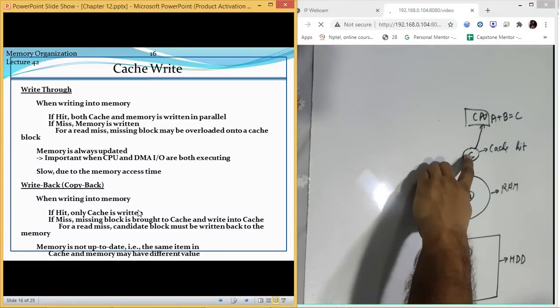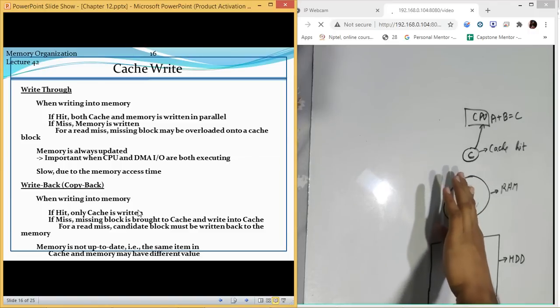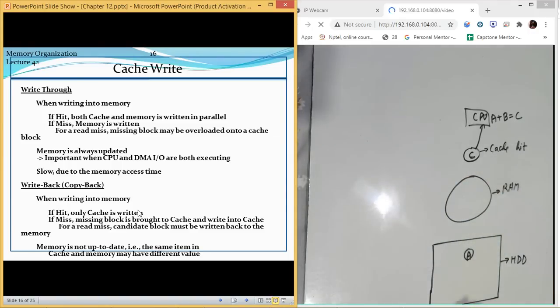Instead of just changing the data inside cache, we are going to change the data inside RAM as well. So the first update has happened, what we have talked about. So firstly, if there is a hit, then both the data will be updated in one go.